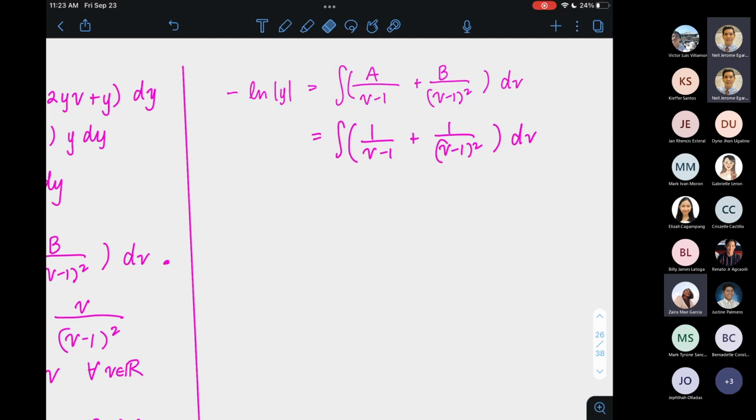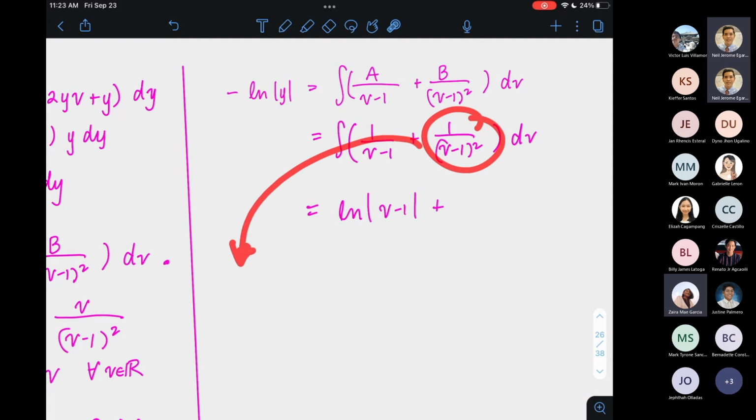All right. Okay, so integrate both terms. This will be ln ng absolute value ng v minus 1 plus dito kailangan ko, sorry, madaliin ko na kasi time na. So dito magle-let ako ng u to be equal to v minus 1. So that means du equals dv.